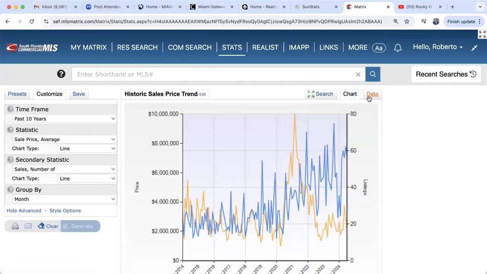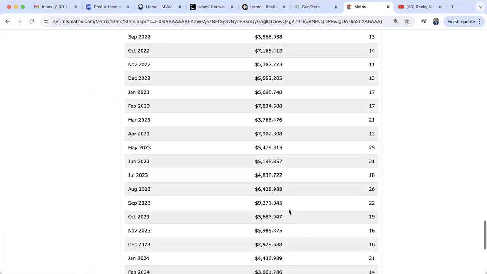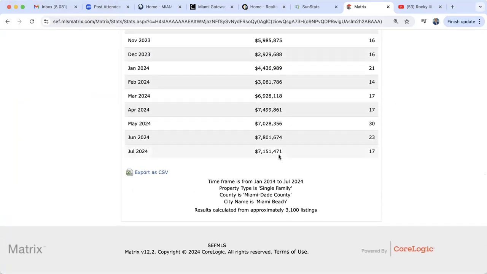What is the average sales price for a home in Miami Beach? $7.1 million. Do you guys really think that the average home in Miami Beach costs $7 million? No, it's the average. It's heavily affected by the larger homes, those 30 and 40 million dollar sales.